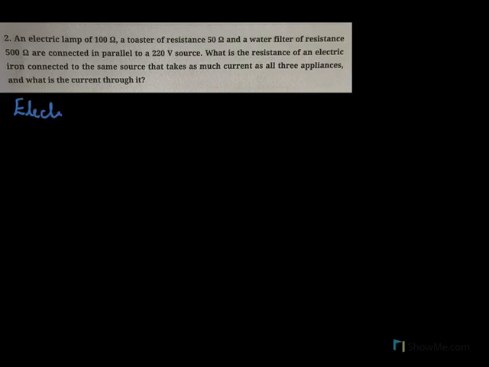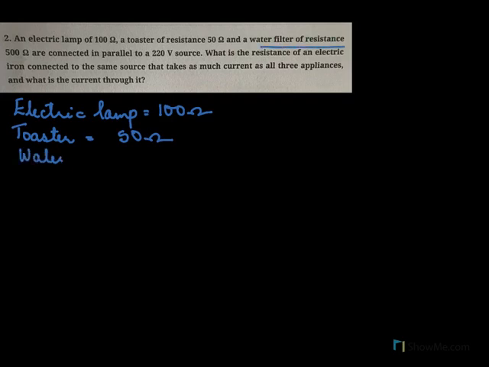One is an electric lamp, which is 100 ohms. Then we have a toaster of 50 ohms, and we have a water filter of 500 ohms, all connected in parallel.